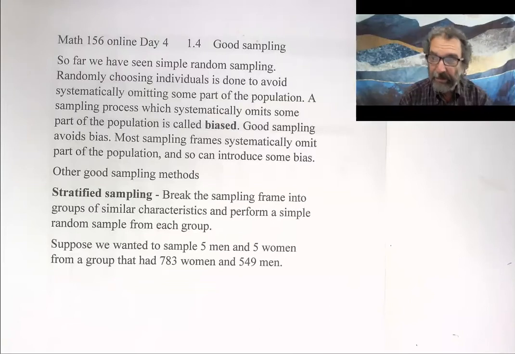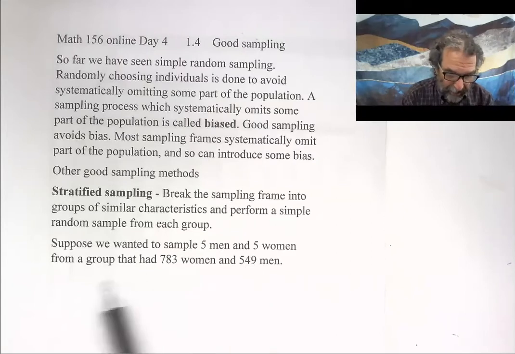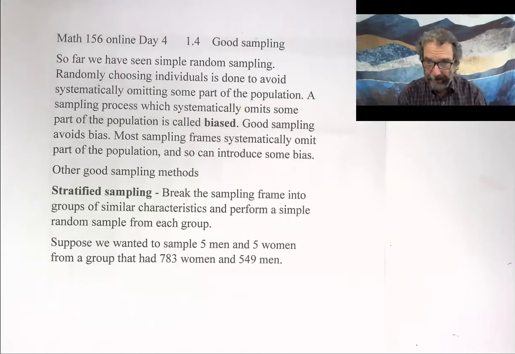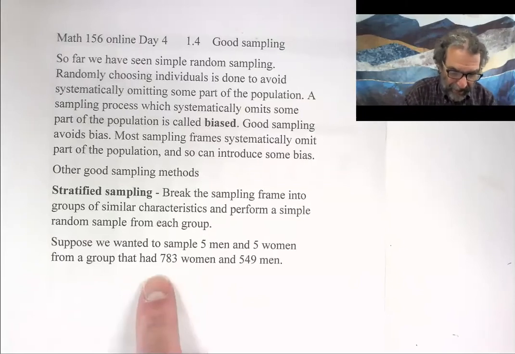So here's an example. Suppose you wanted to sample 5 men and 5 women from a group that had 783 women and 549 men. Those turn out to be good numbers for our sampling process that uses random digits. If we don't want to use a lot of lines in the tables, we'd like these first numbers to be big numbers.